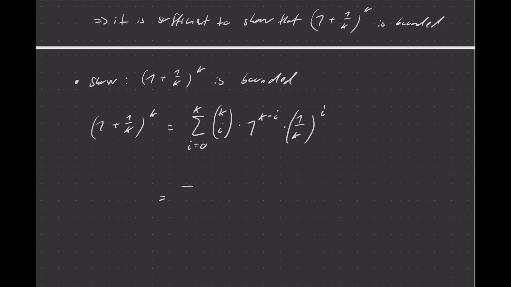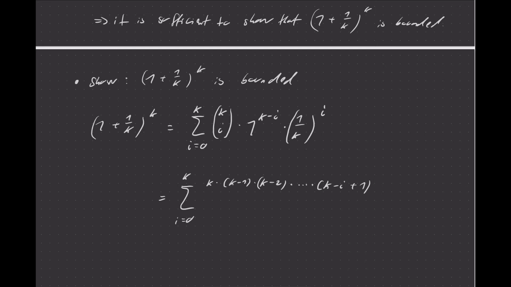Now, this binomial expression here, those binomial coefficients, k over I, can be expressed as k times k minus 1 times k minus 2 and so on until we have collected enough factors, and the number of factors is governed by this part here, so we need I factors, and that means we need to continue this up to k minus I plus 1, because we started at k, not at k minus 1, right?